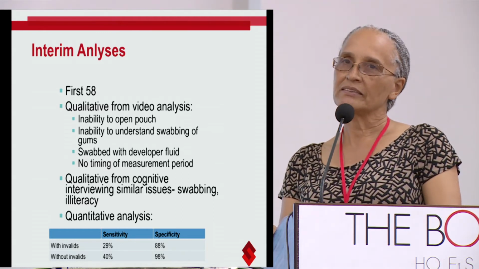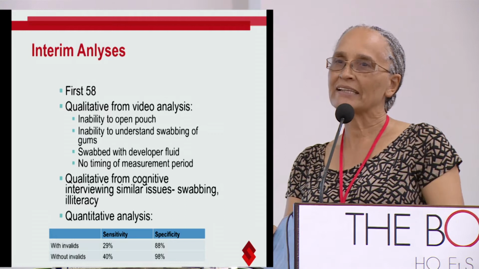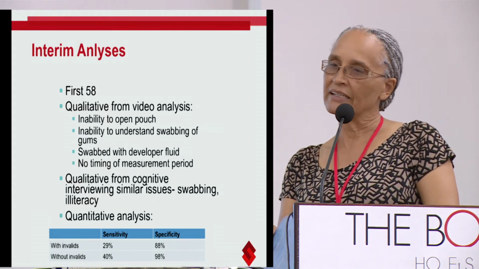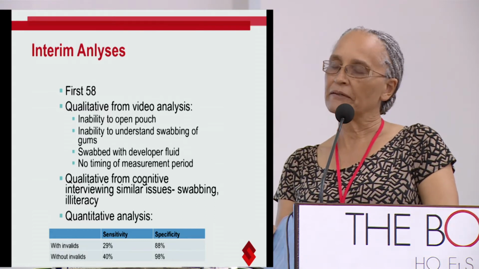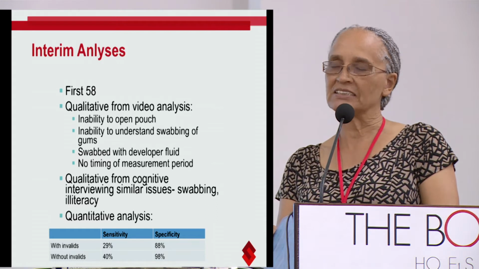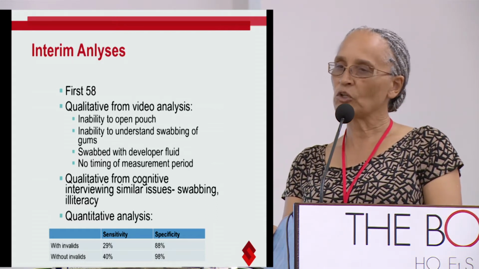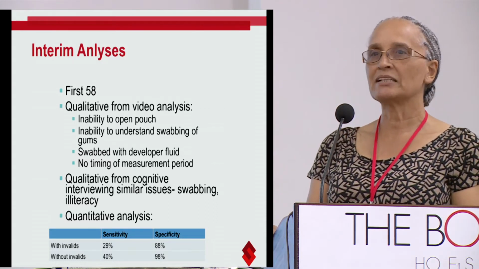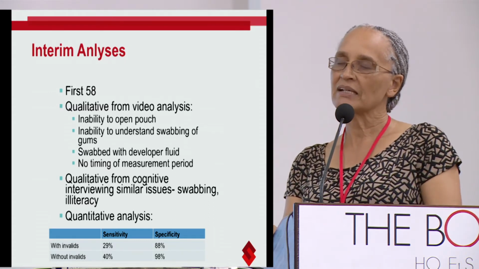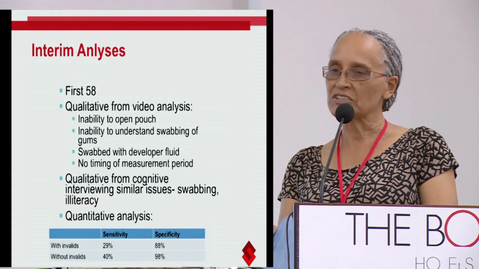I think the two presentations before highlighted some of the issues that we found in the analysis of the ability to take the kit and read the instructions. Some of these were inability to open the pouch, inability to understand even the pictorial representation of what it meant to swab the gums, as well as timing and that sort of thing.